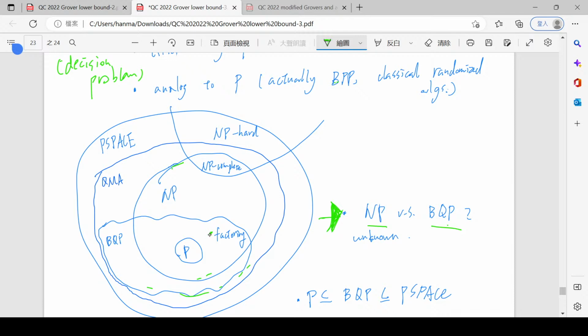And we believe that factoring is not in P and it's obviously in NP. But we also don't quite believe factoring is an NP-complete problem, mostly because we cannot prove it's NP-complete. So we feel like because of factoring, BQP is a bit more than P, but we are not quite confident that BQP includes NP-complete problems.